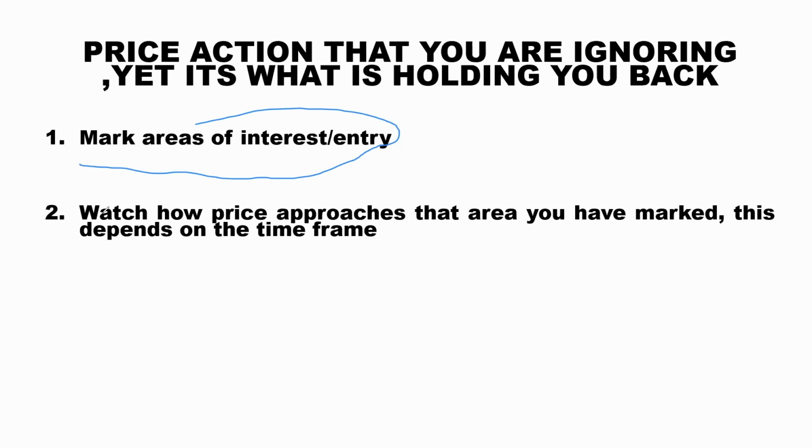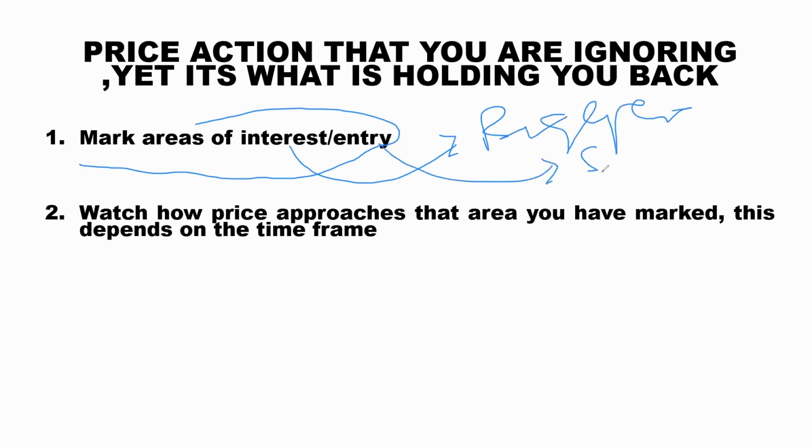Just to go back a bit to number one, area of interest, we mark it in our bigger time frames, and area of entry, we are marking it in our smaller time frames. These time frames do differ, like we talked about in the video we made on time frames. Some people do analysis in H4 and take their entries in minute time frames.